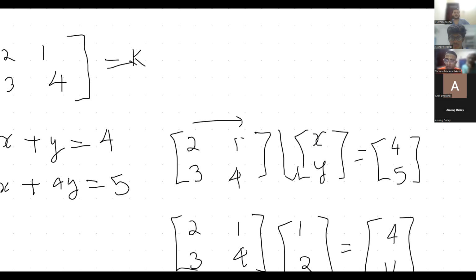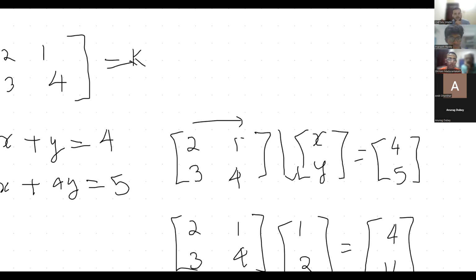Okay. So let's not consider this as even a matrix. Let's just forget that we have a matrix. Suppose we just imagine that we have something, we are giving it an input, and in return we are getting an output, right? So that part is clear to you? Yeah, that's right. Correct.